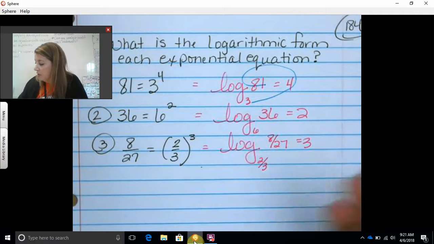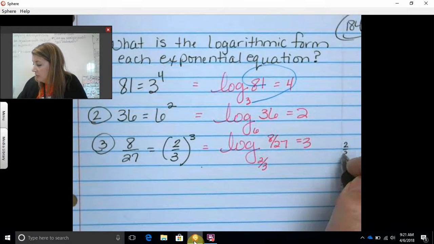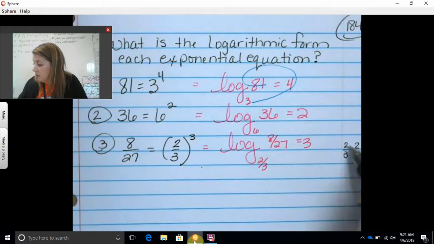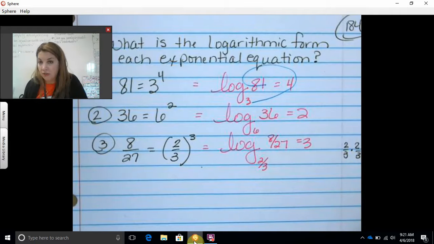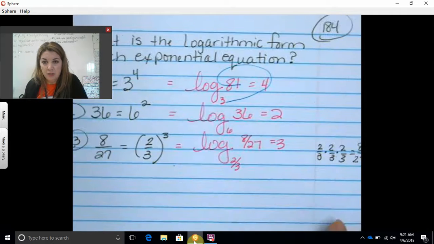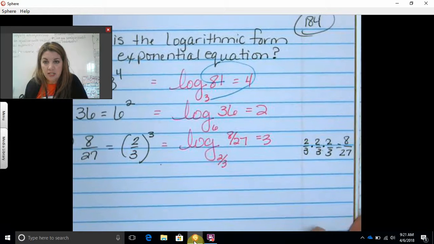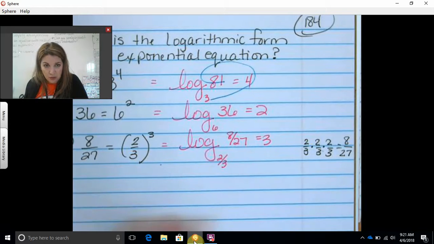So 2/3 raised to the 3rd power, that means 2/3 times 2/3 times 2/3, right? When you multiply fractions, numerator times numerator times numerator, denominator times denominator times denominator. So that is true. 2/3 raised to the 3rd power is, oh, you can't see that, sorry, is 8/27. Just in case you weren't sure.